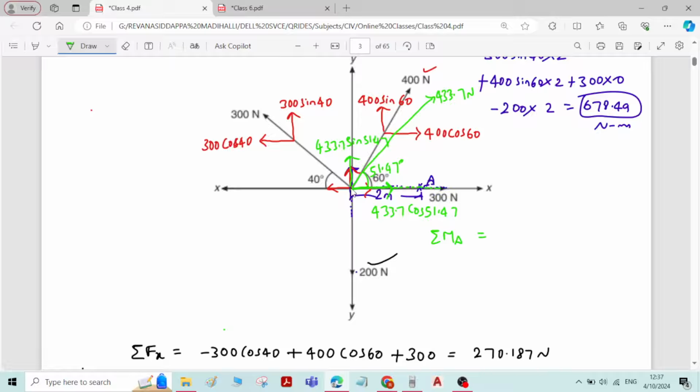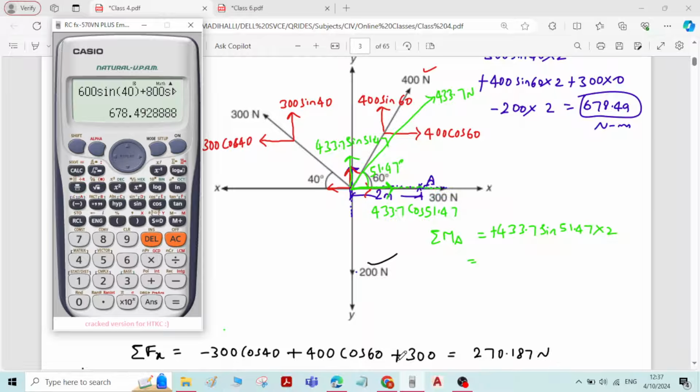We only get the moment of the vertical component, that is 433.7 sin 51.47 into the perpendicular distance of 2 meter, and it is causing a clockwise moment, so the sign is plus. Calculating this, 433.7 sin 51.47 into 2 gives the answer 678.55.